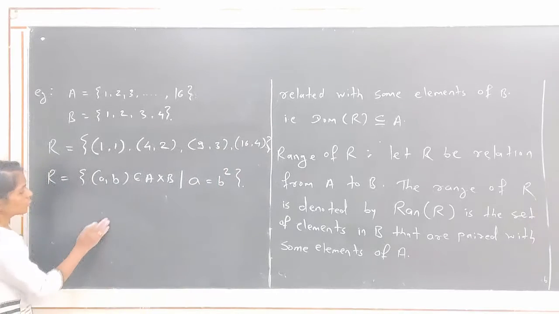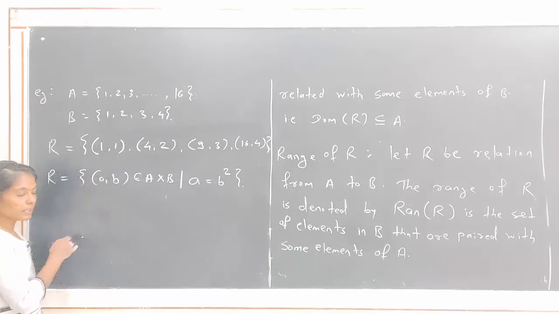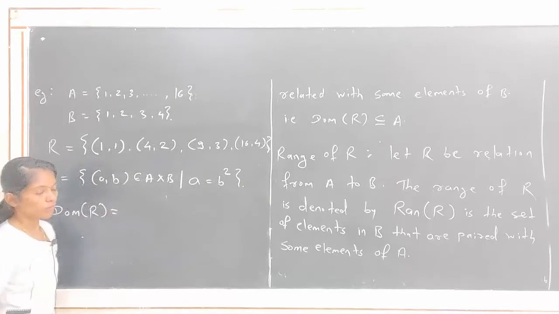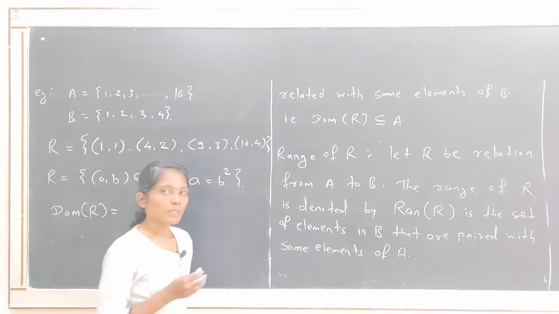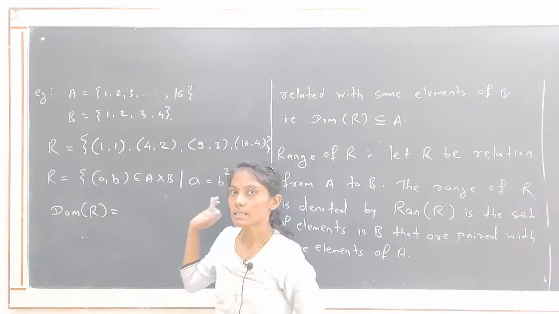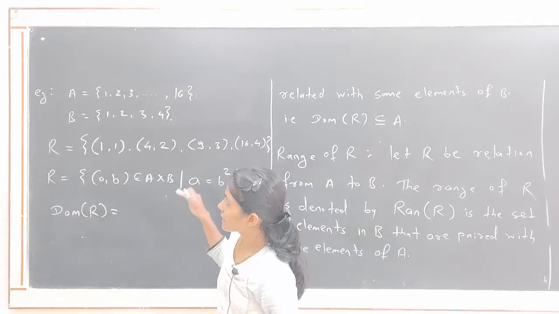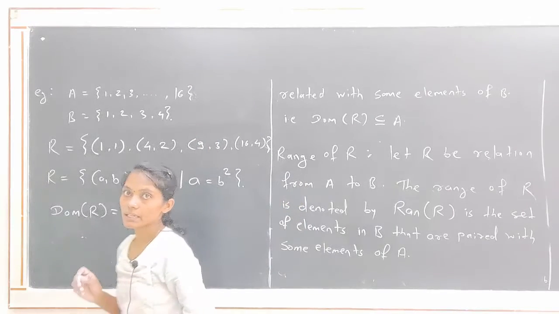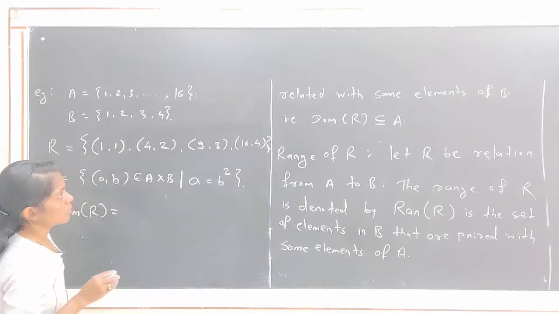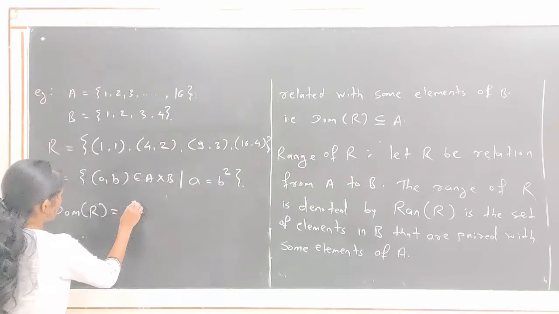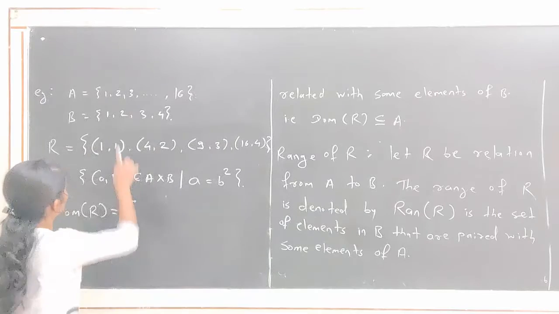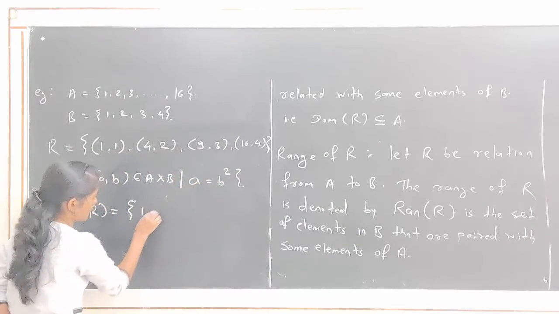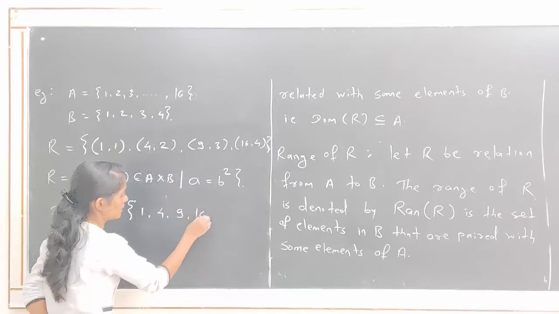So here we want to find the domain and range. So first of all, find the domain of R. So domain of R is nothing but the elements in set A that are related to some elements in B. Okay, so domain is 1, 4, 9, 16.